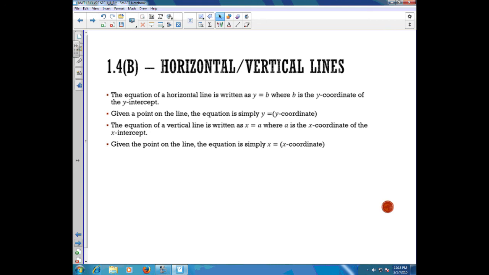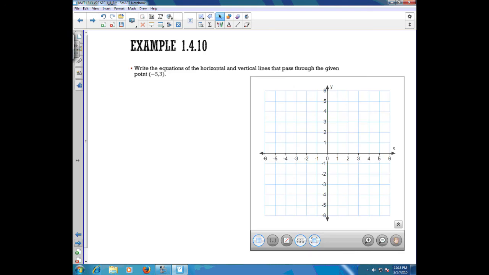So let's try this. Here we want to write the equations of the horizontal and vertical lines that pass through the given point negative 5 and 3. So first let's plot our point negative 5 and 3. We want the equation of a horizontal line that would go through that point.